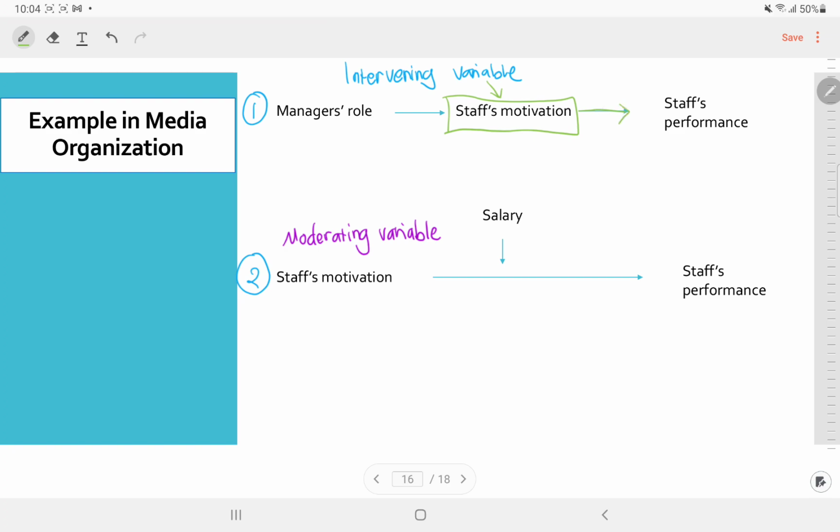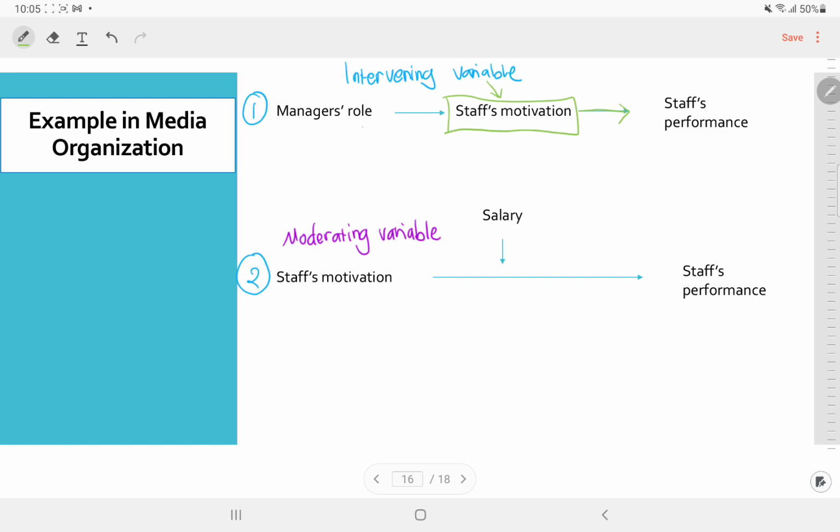That's clear enough. We just have the arrows here. And the next question will be, how to increase the staff's motivations? Yes, we can increase the staff's motivations by increasing the manager's role. It means that if you want to analyze whether there is significant influence from the manager's role to the staff performance, you cannot omit the staff motivations.